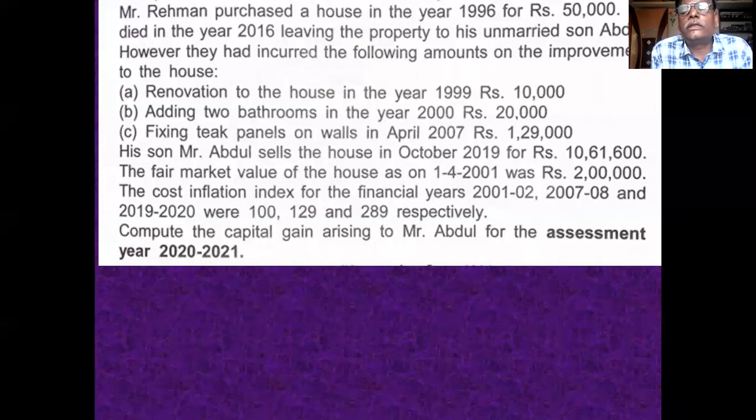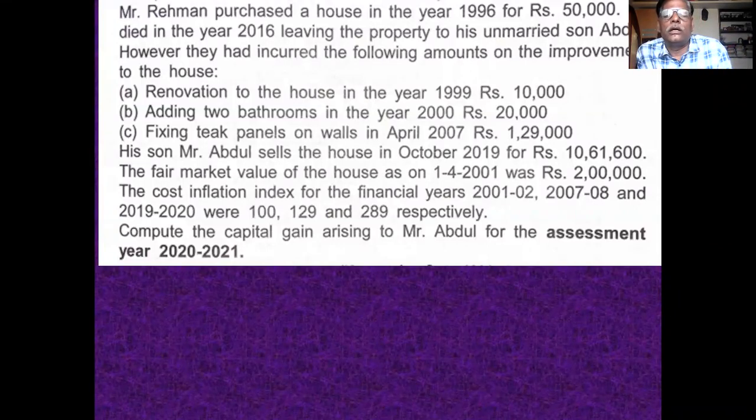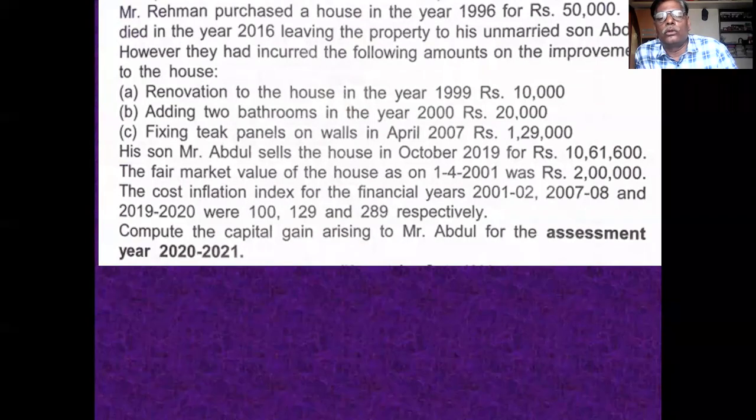This point you consider as improvement, because the improvement year is after 1/4/2001. Remember, the above two points are before 1/4/2001. Therefore, forget them. Don't consider them. And this point is after 1/4/2001, so you have to consider this as an improvement cost.